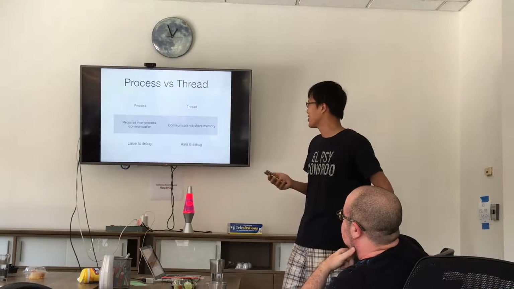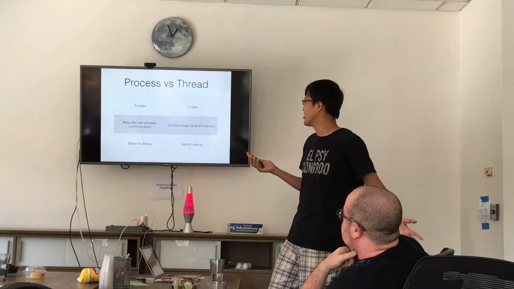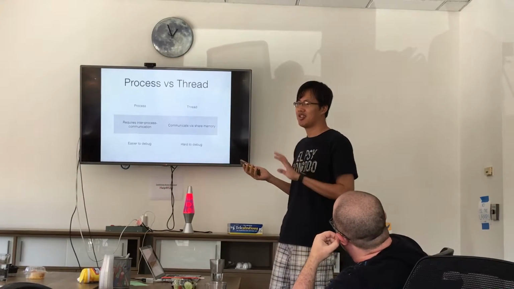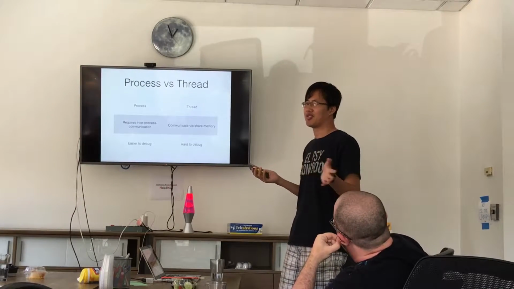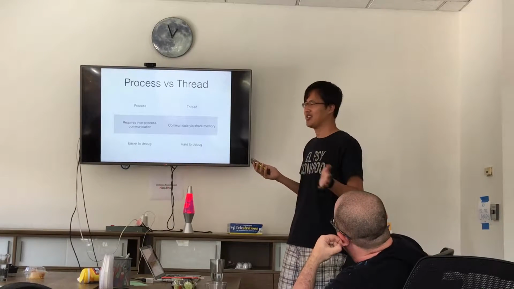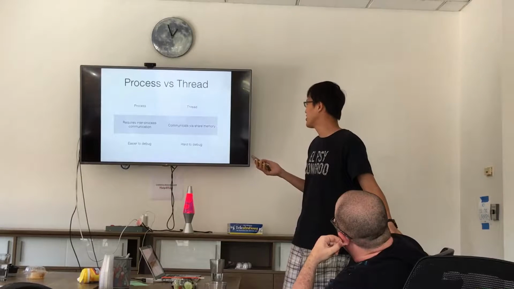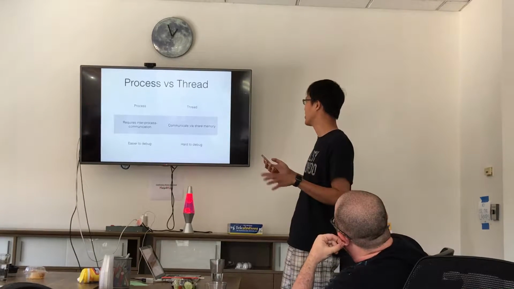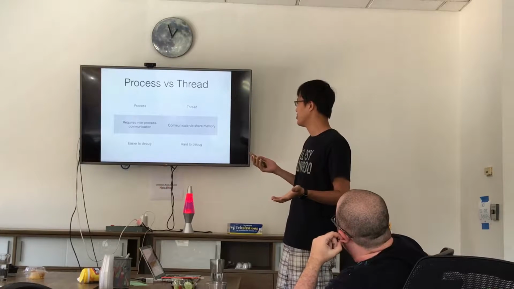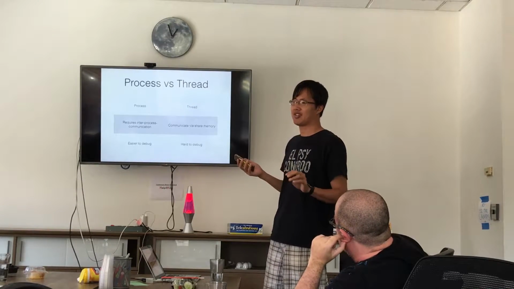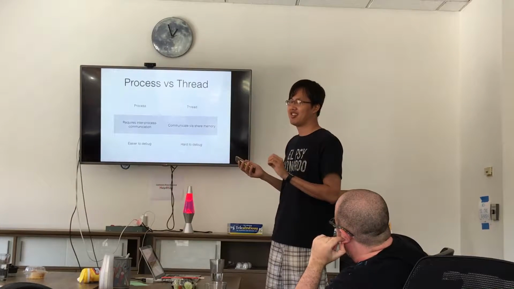So here's the rest of the comparison. A process requires inter-process communication to return results or send any state or message. Versus a thread, because you share the same memory space, you can communicate via shared memory. Processes are really easy to debug because everything is a separate instance.